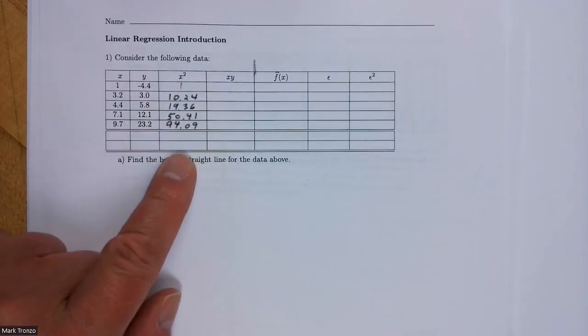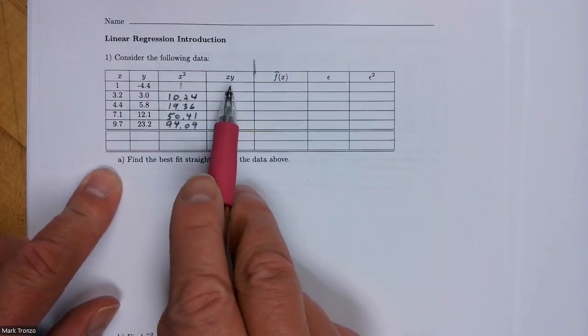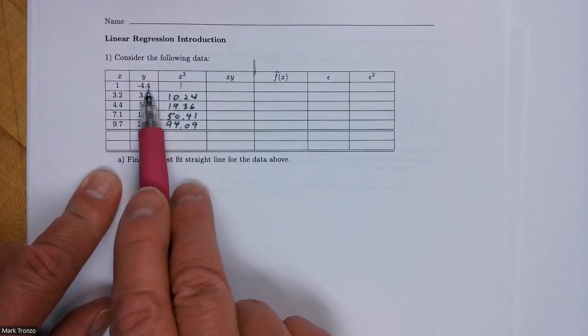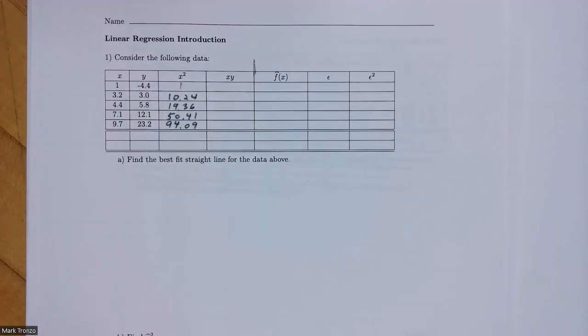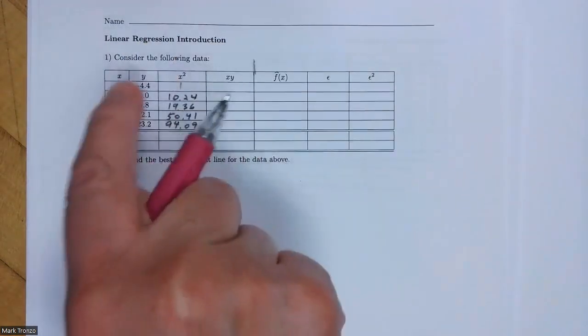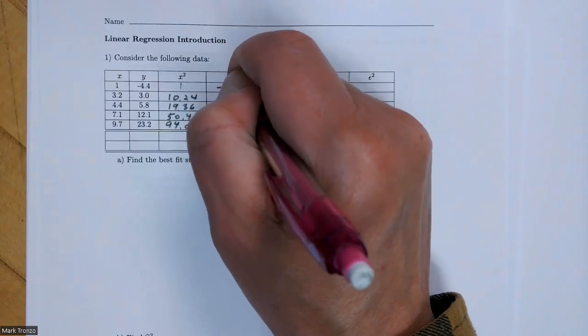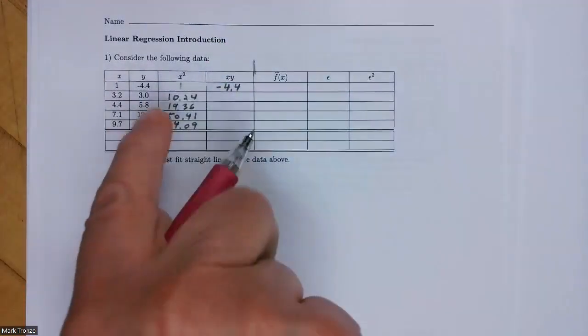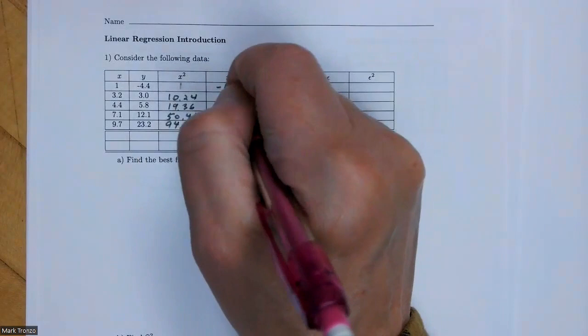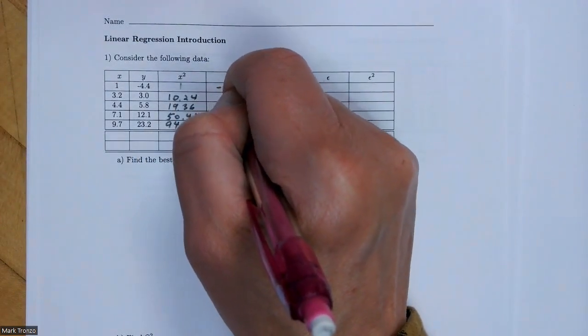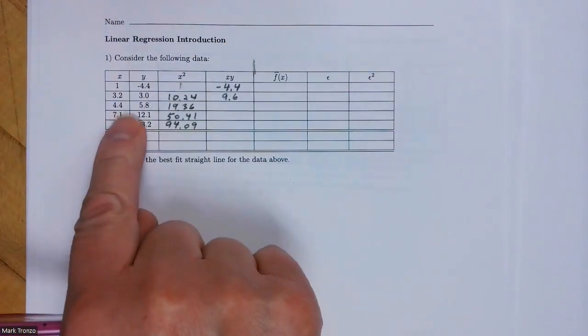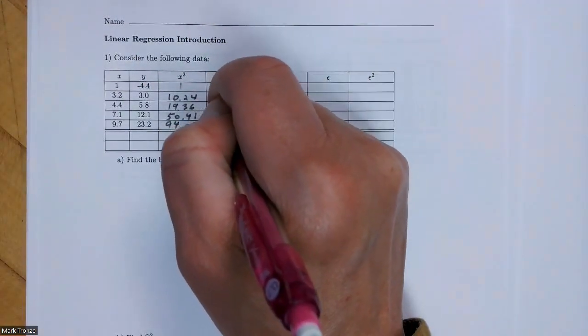And now for this column here, we want to take X times Y. So if we take this, obviously that's going to be negative 4.4. And these two will be 9.6. These two multiplied will be 25.52.